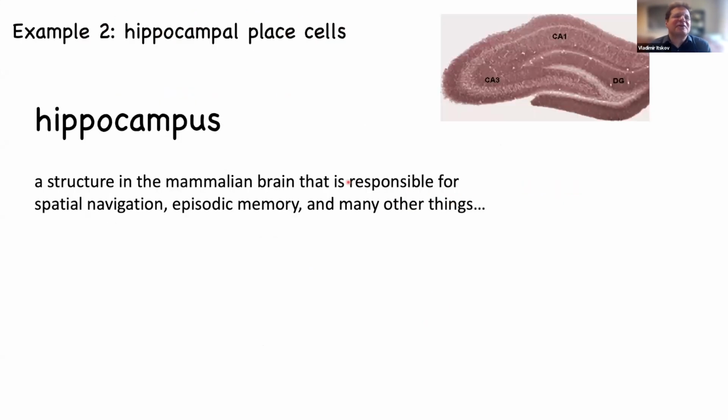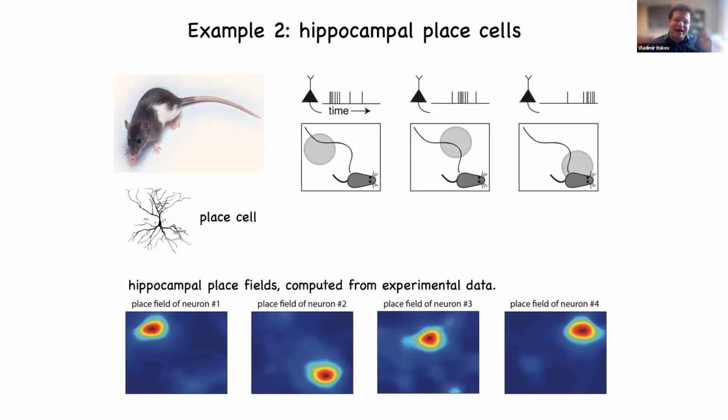Another well-known example is place fields in hippocampus. This is a structure in the mammalian brain that is responsible for spatial navigation, episodic memory, and quite a few other things. Let me remind you of the basic setup. If you let a rat wander in a two-dimensional environment, and measure the firing rate of individual cells as a function of position, you see this square over here, which is, say, just a rectangular room.